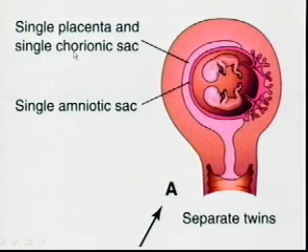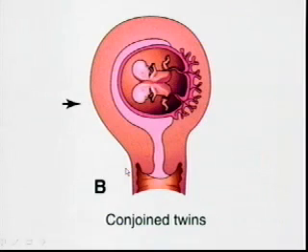So we end up with a single placenta and single chorionic sac, and a single amniotic sac as well. And this is why in this instance there is that risk of the entanglement of the two umbilical cords with compromise to blood flow to both, most likely.